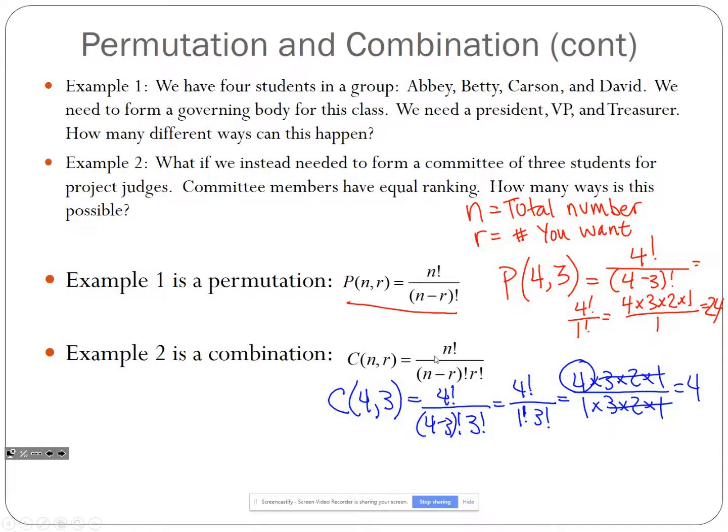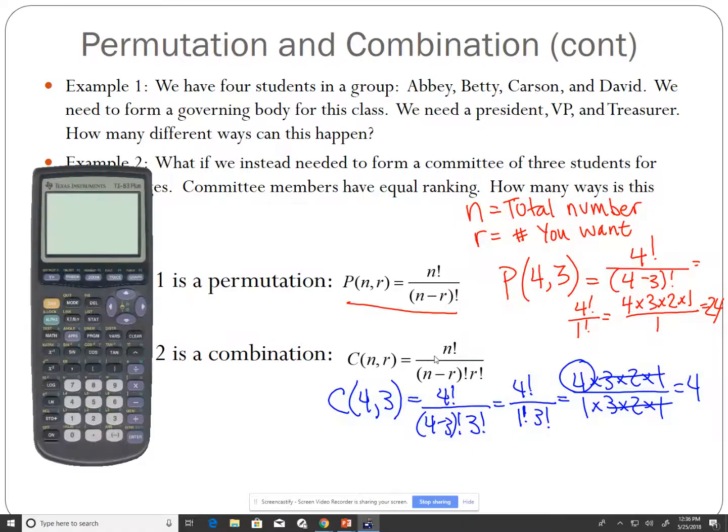Now, doing it by hand is just fine. However, if you're looking at a group of 50 people and you need to choose 40, it would be pretty cumbersome. So let's look at the calculator. Now, for permutation, the first thing you have to do for the calculator, which is a little bit different, is you need to type in the first number.